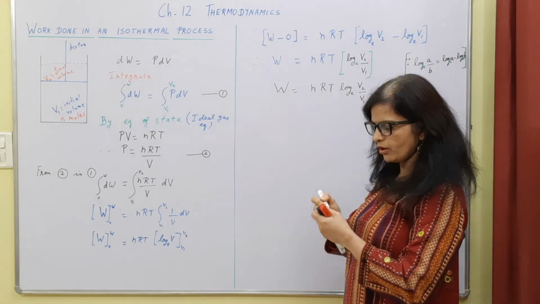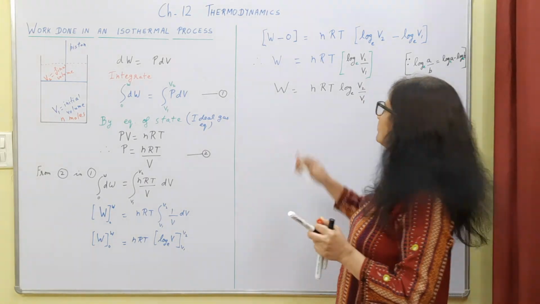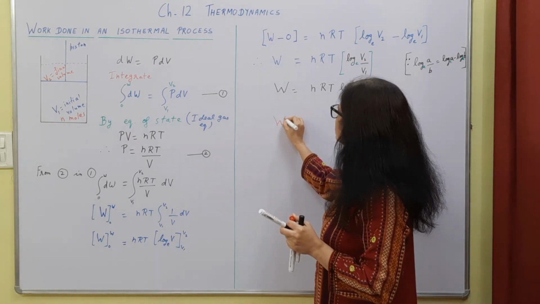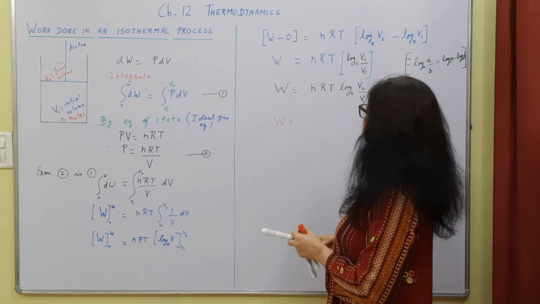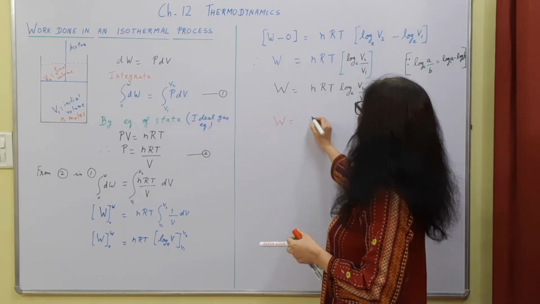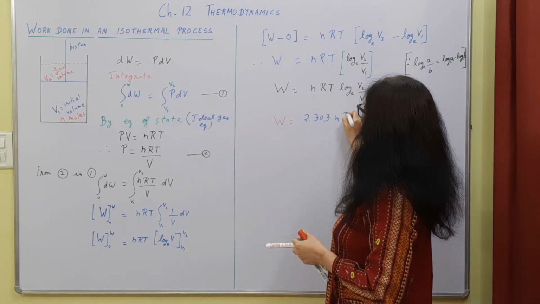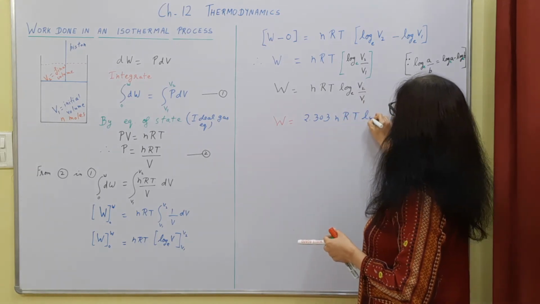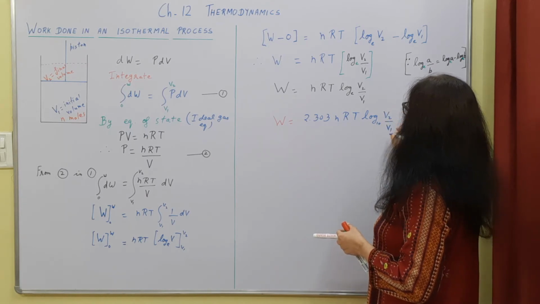This is in natural log. If I want to write in base 10 log, then we can write W is equal to 2.303 nRT log base 10 V2 upon V1.